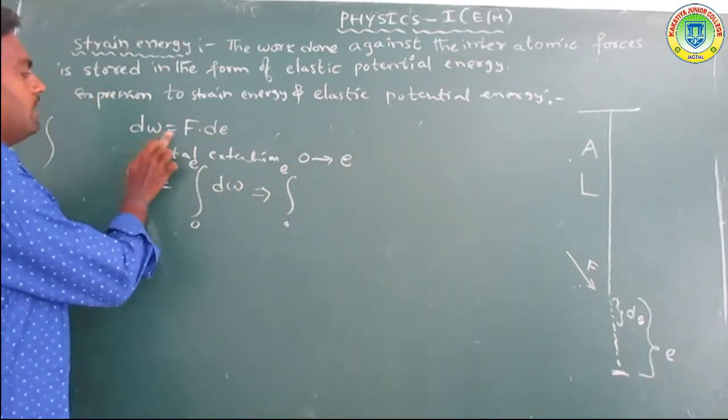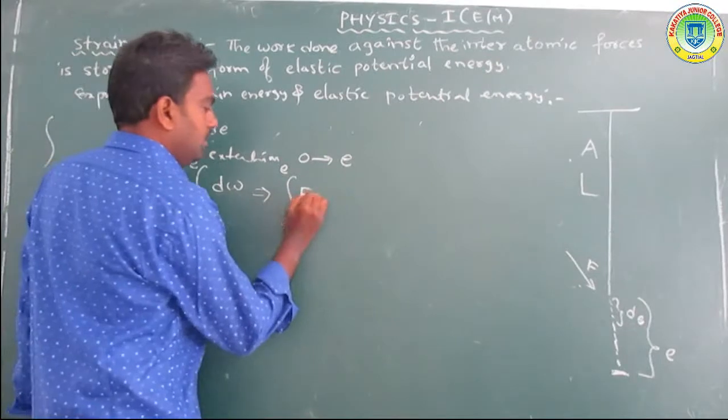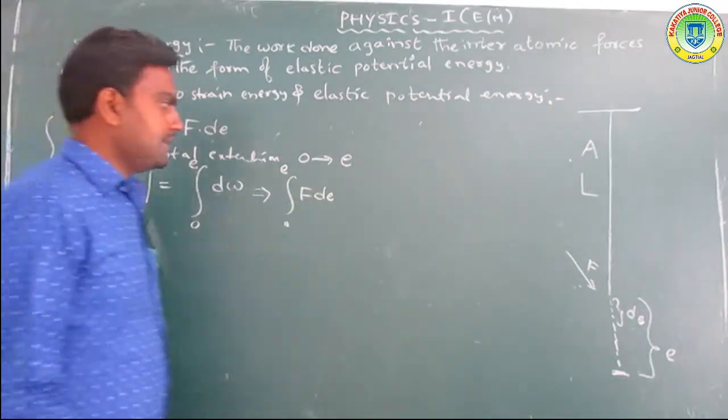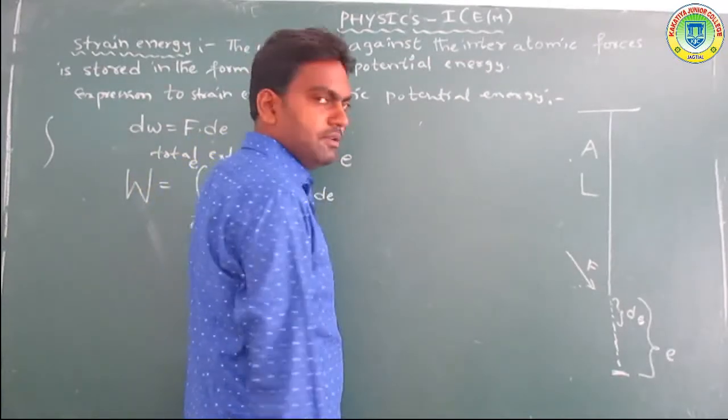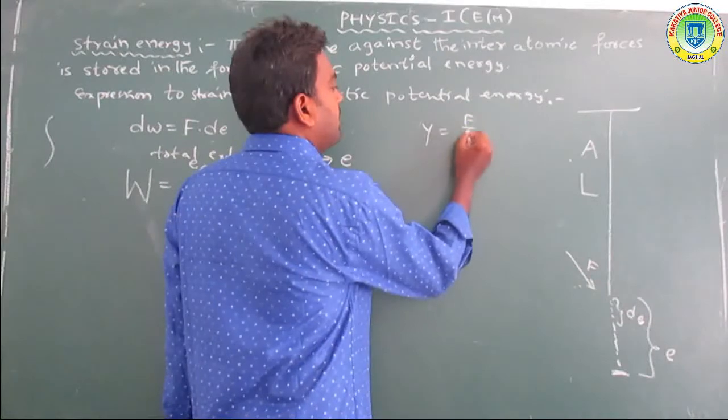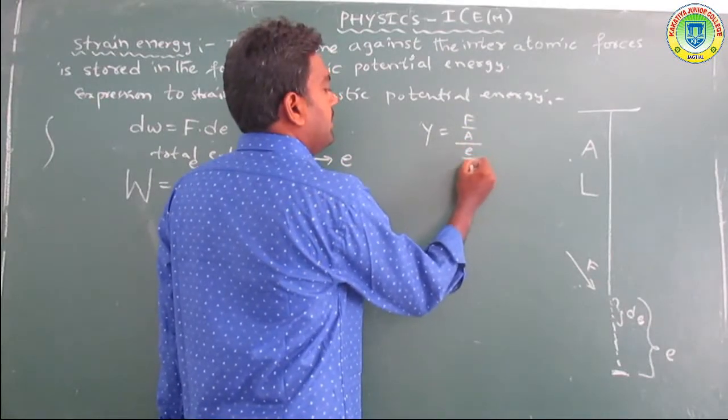So dw is already F dx, so we need to find F. What does F mean? F means the deforming force. Young modulus Y is equal to (F by A) by (e by L).